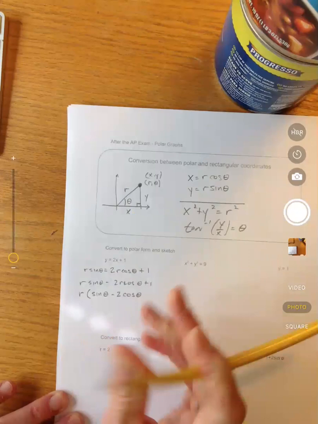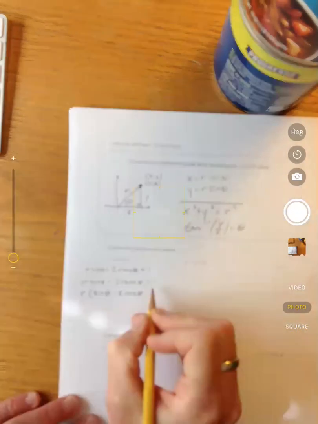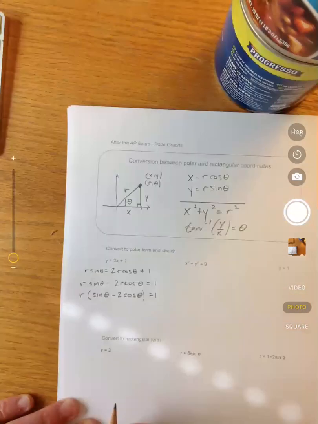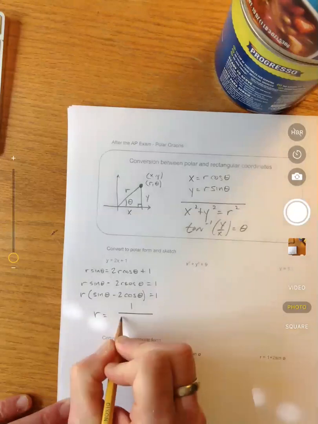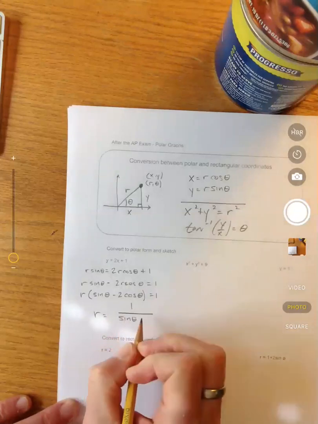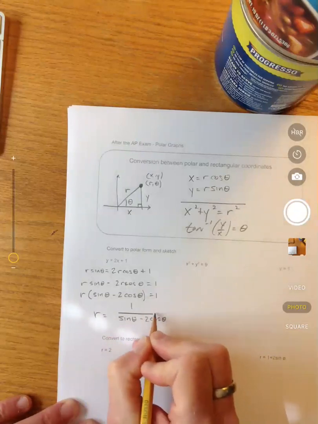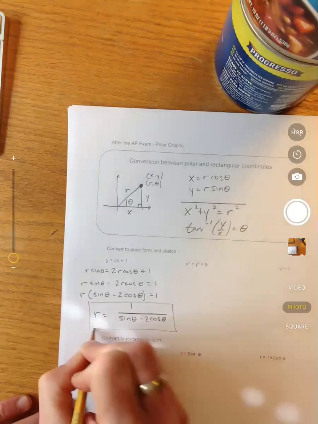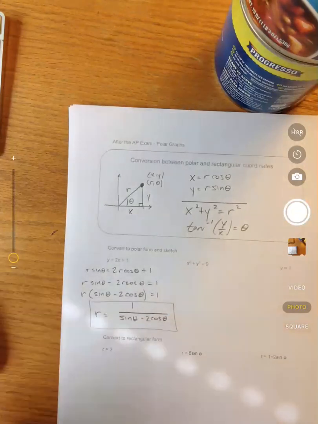Oops, I think I messed up. This should be equal to 1. Sorry, equals 1. And then to solve for r is simply divide, and that would be my equation. So that is the equation of that line.